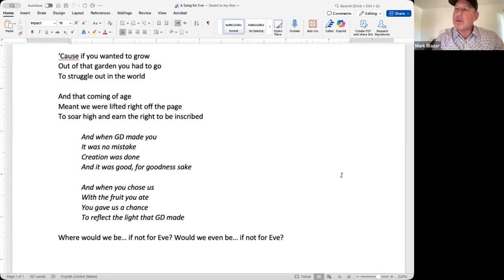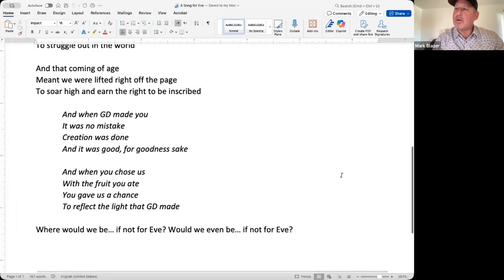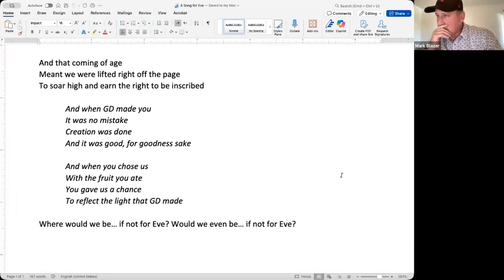And that coming of age meant we were lifted right off the page, to soar high and earn the right to be inscribed. When God made you, it was no mistake. Creation, it was done and it was good, for goodness sake.